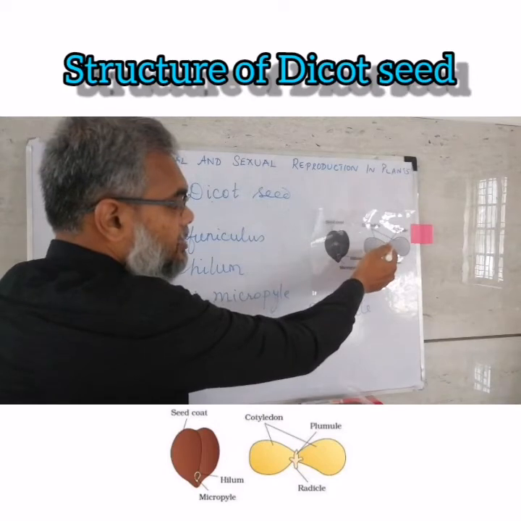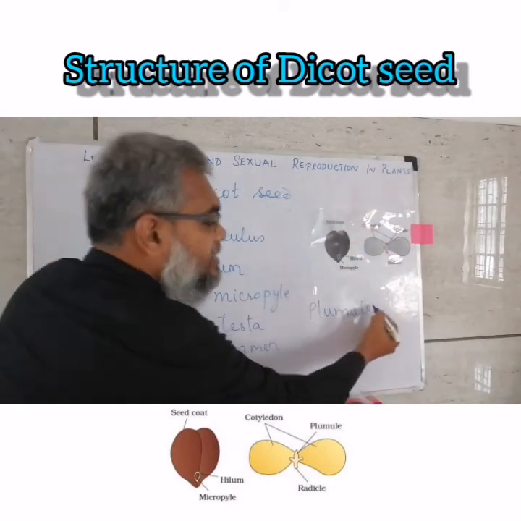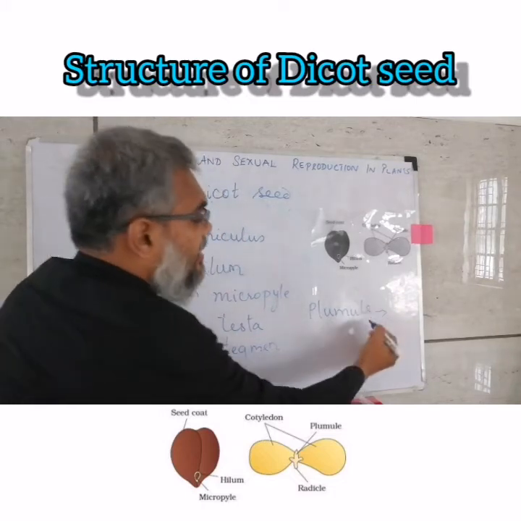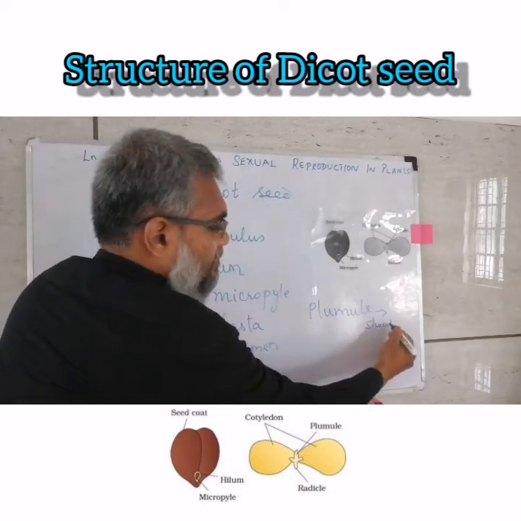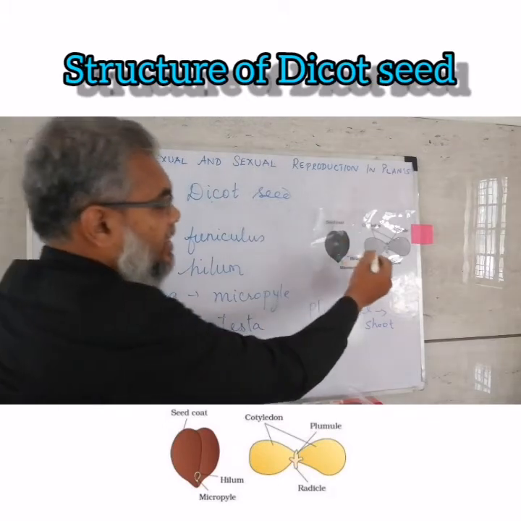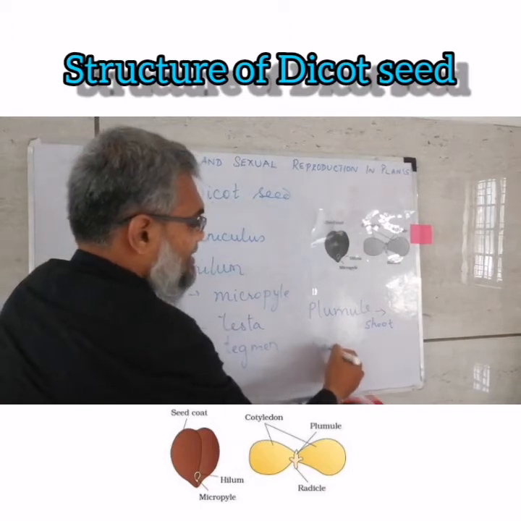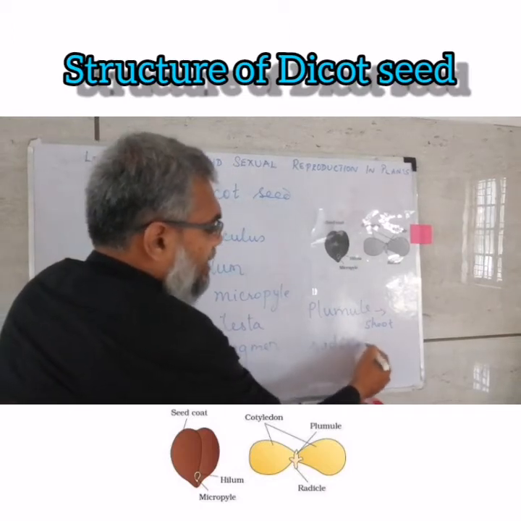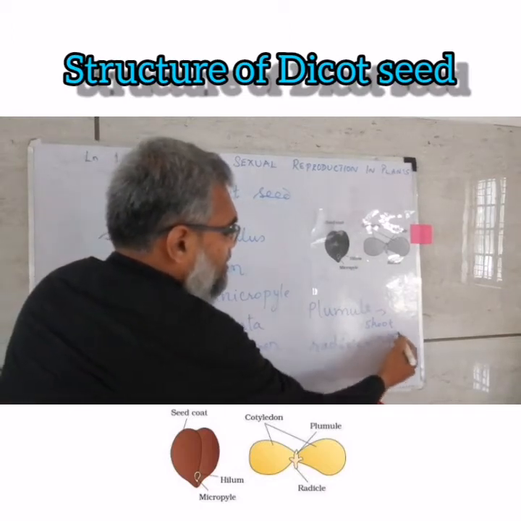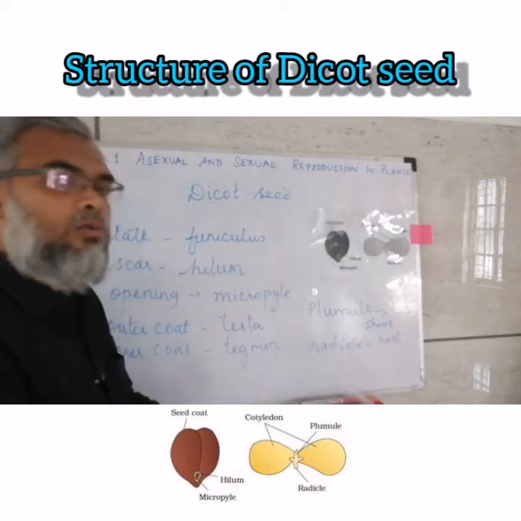That is the portion which is projected above, plumule. This plumule only will develop further into the shoot system. And the portion below is called radicle, which will be formed as the root system.